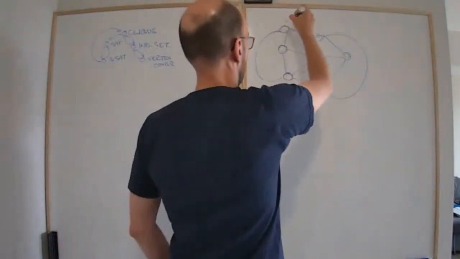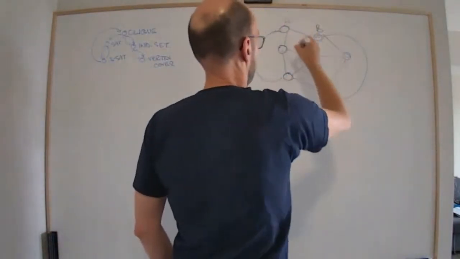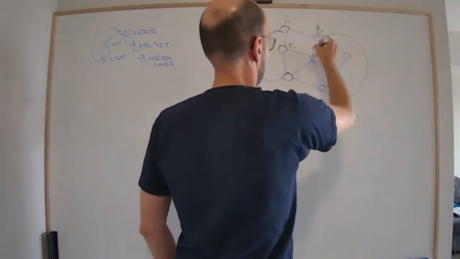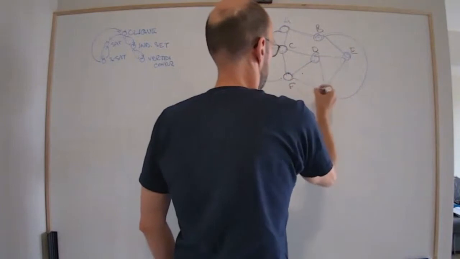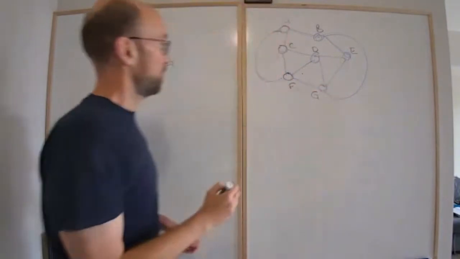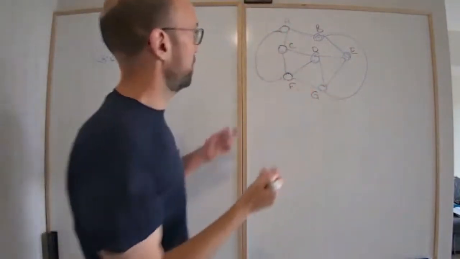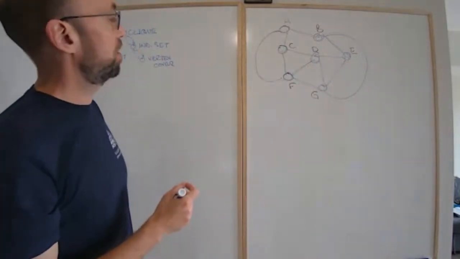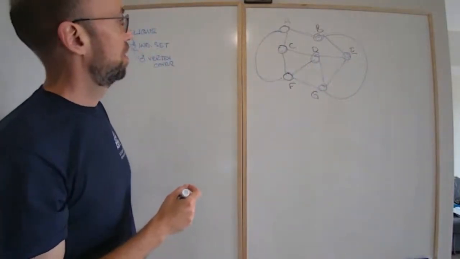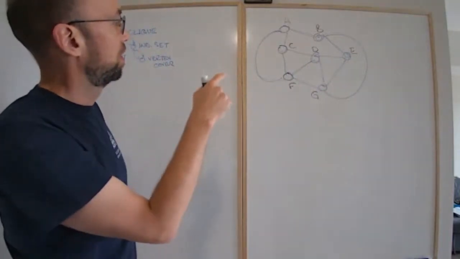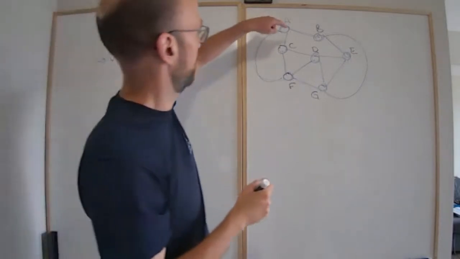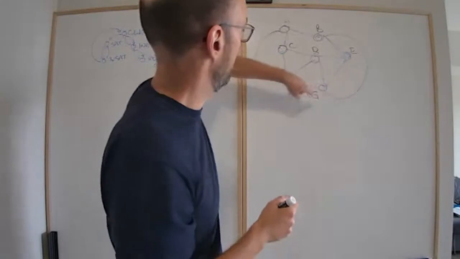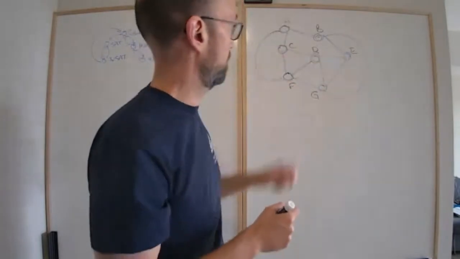So let's say there's A, B, C, D, E, F, G. So what we want to do, now I just made this graph up, so I don't know, I think there is, yeah, there's a Hamiltonian cycle, right? Because you can just go A, B, G, F, C, D, E. Okay?